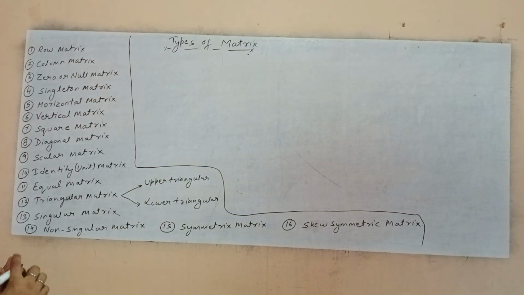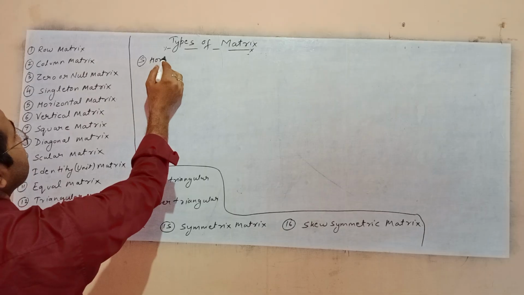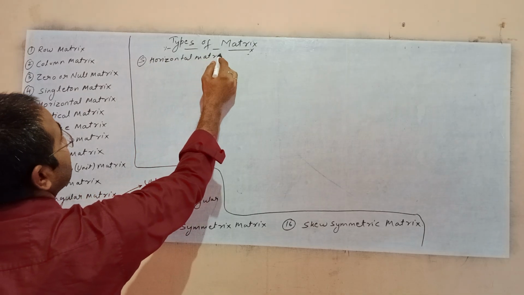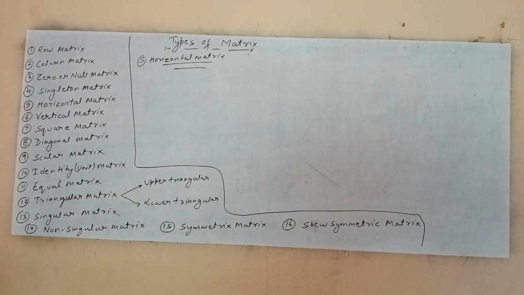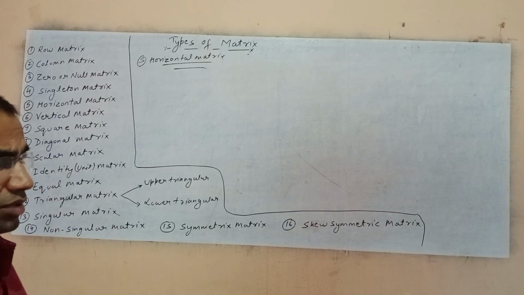Now see, the next one is horizontal matrix. Horizontal matrix is clear from the word horizontal: the number of rows will be greater than the number of columns.